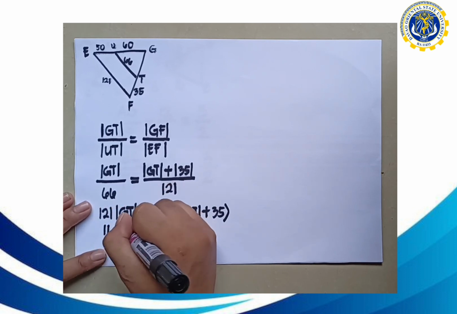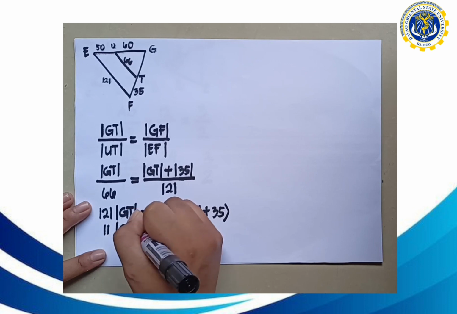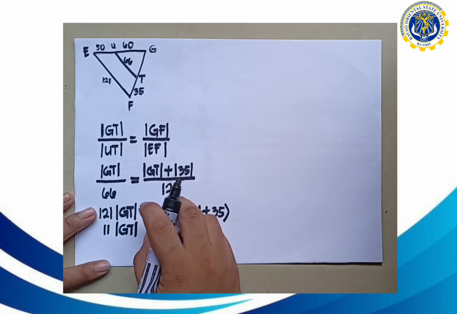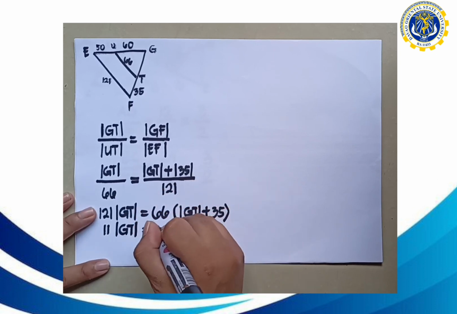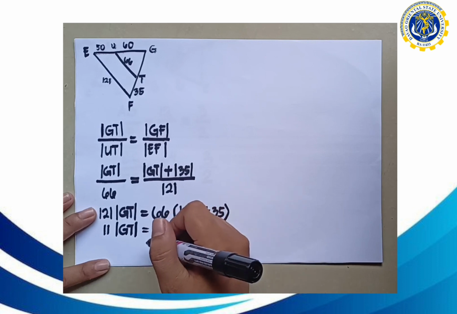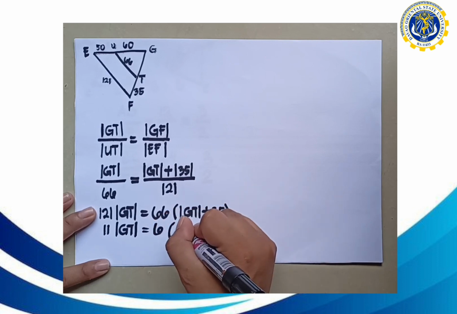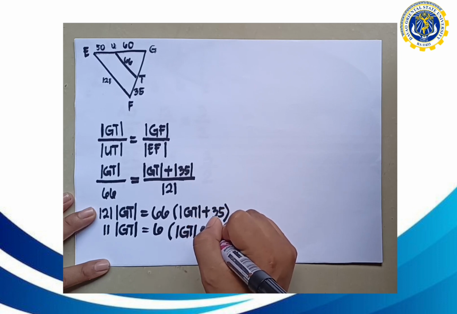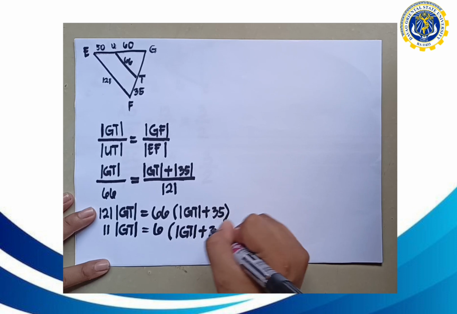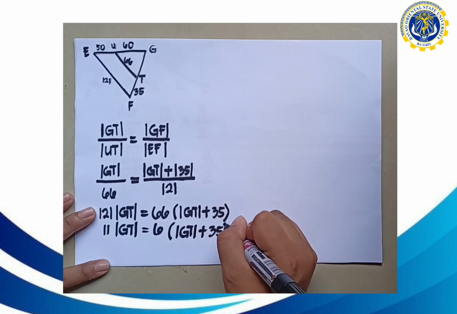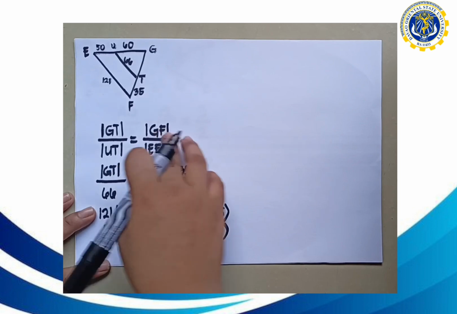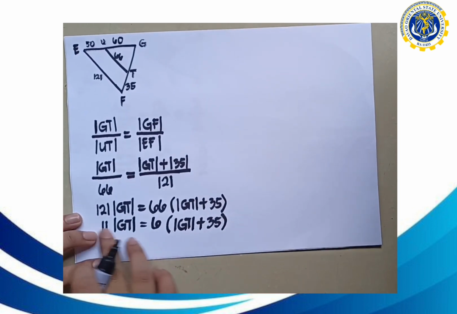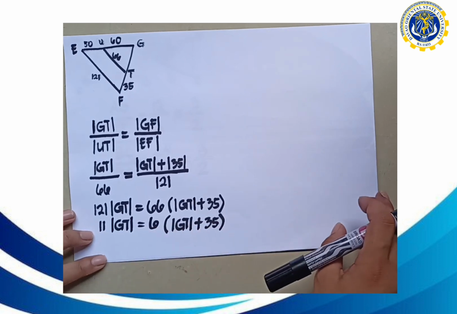Then copy the unknown GT over 66, equal to the quantity GT plus 35. So this will now be the known values.